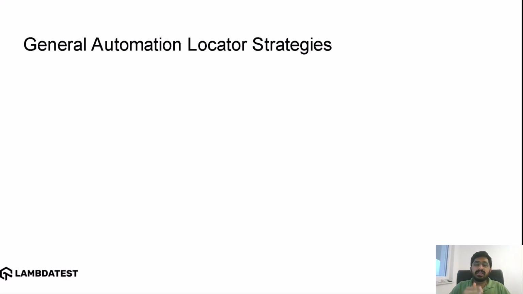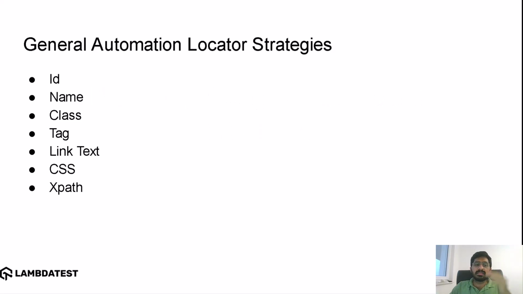So first let us understand what is the general rule or general way to find the locators which is applicable for all the web automation tools such as Selenium, Cypress, Playwright and etc. So these are the order which you will go by locating the elements. First, always you will try to get the elements from ID. So what it means by that?